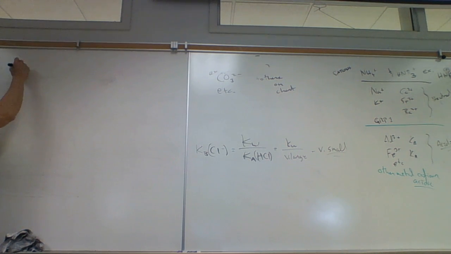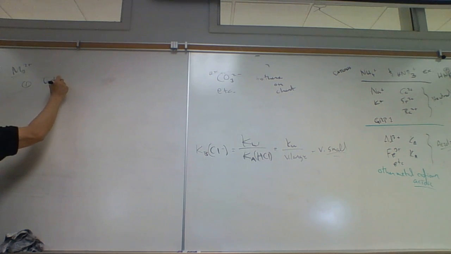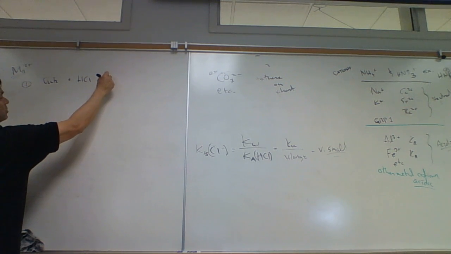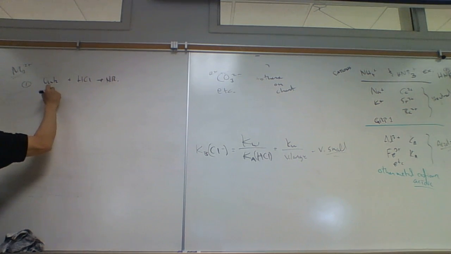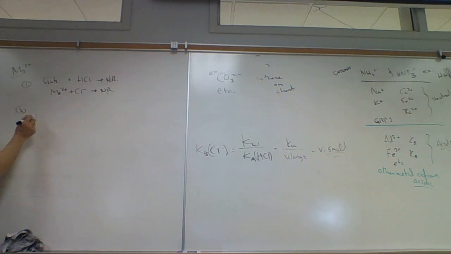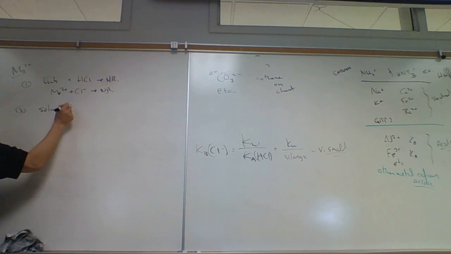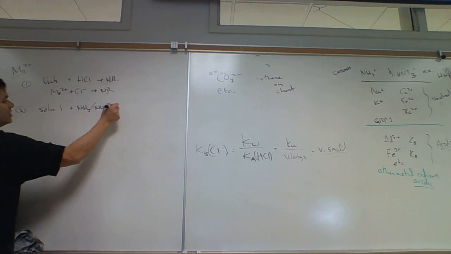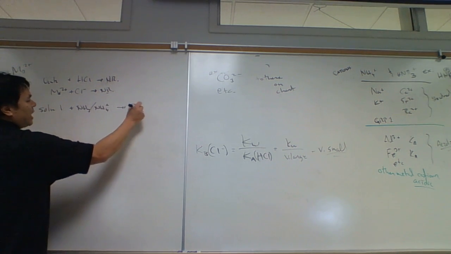So going back to today's lab, magnesium 2+ is the final test. If we have our unknown and we add HCl to it, there's no reaction with magnesium. Magnesium 2+ plus chloride, there's no driving force for a metathesis reaction there. If we take solution 1 and add our ammonium buffer, again, we get no reaction.